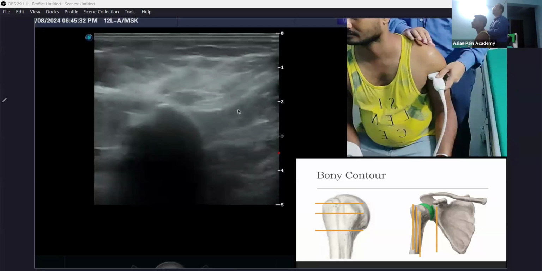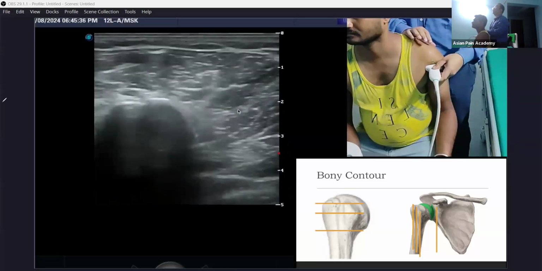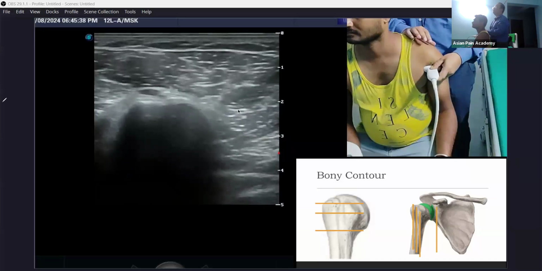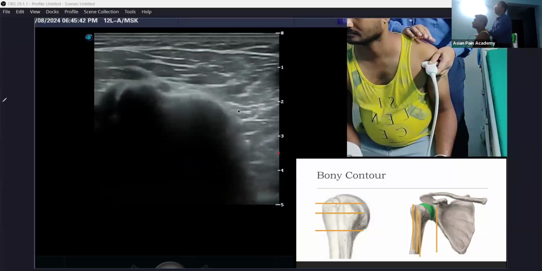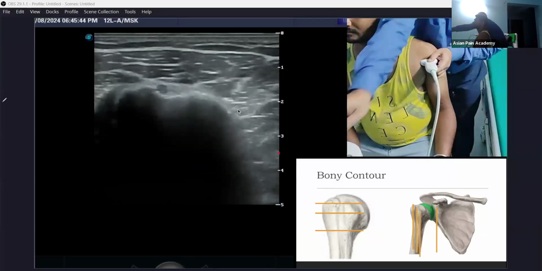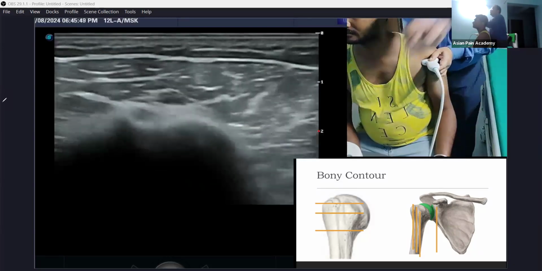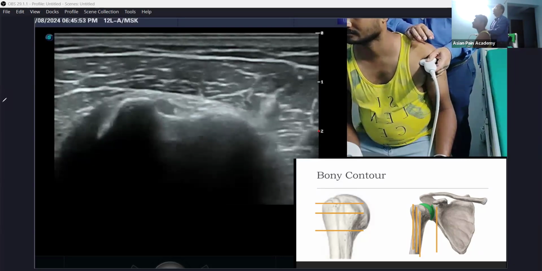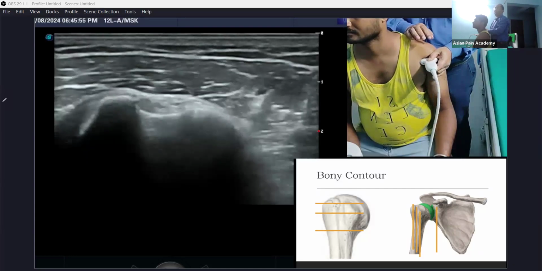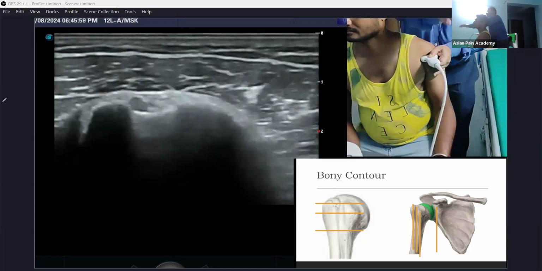I'm going up, I'm going up. So in this area, gradually when I have gone up, can you see a groove between two? You can see a groove between two hills. So what is that?